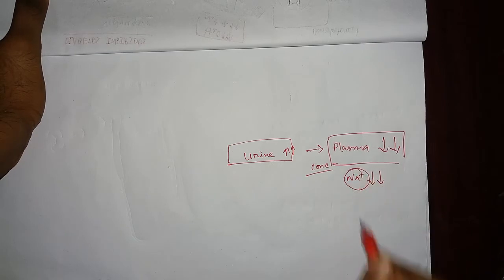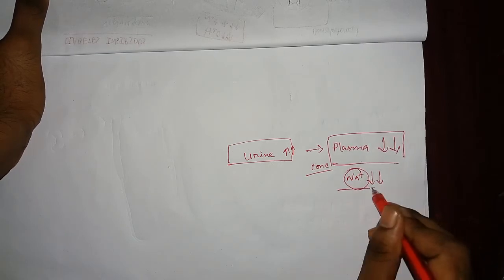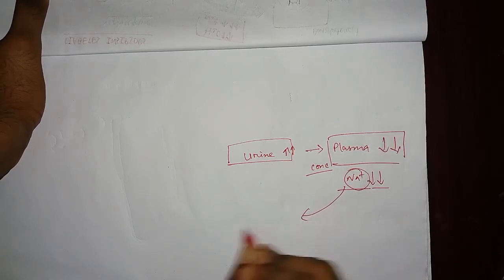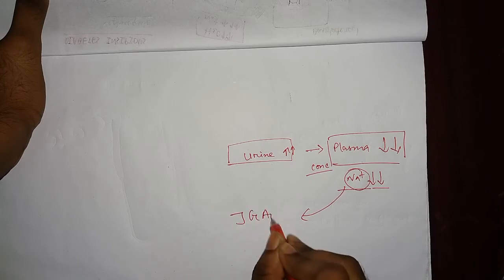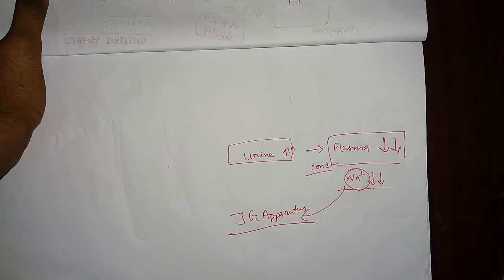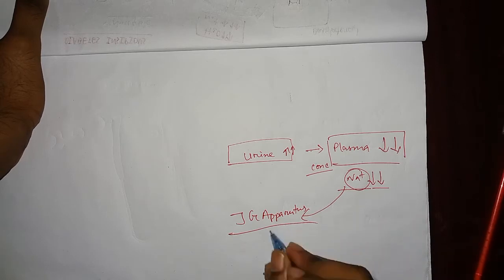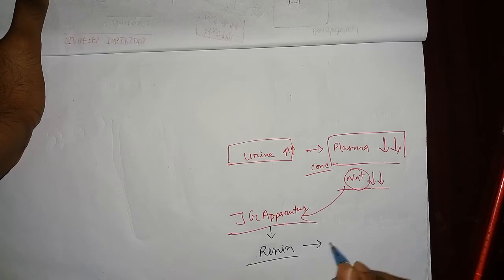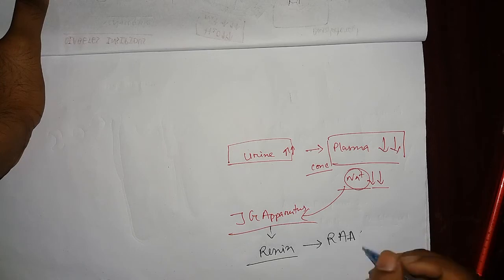As a result, the juxtaglomerular apparatus of the kidney can sense it, and it will secrete renin, and ultimately renin causes the renin-angiotensin-aldosterone system to be started.